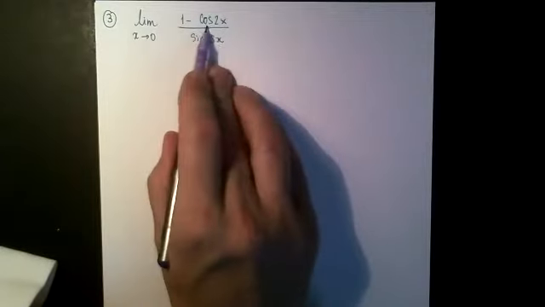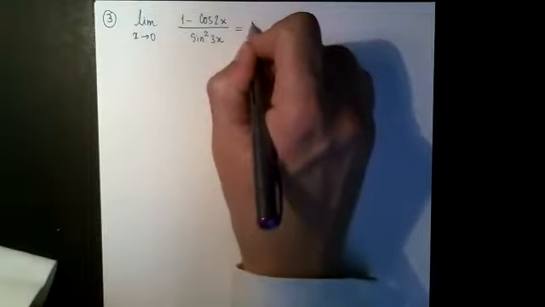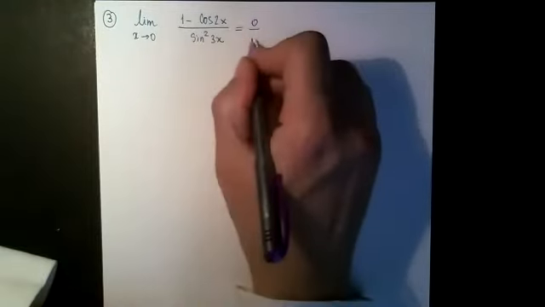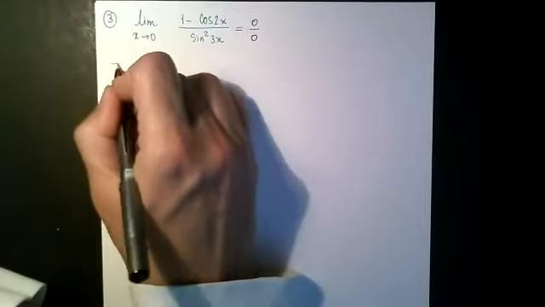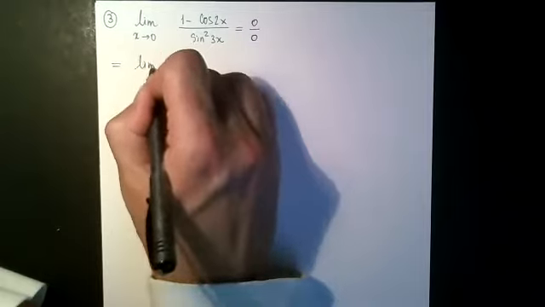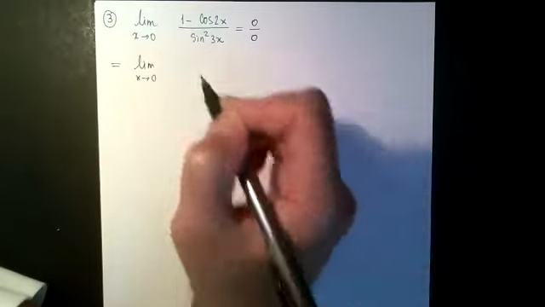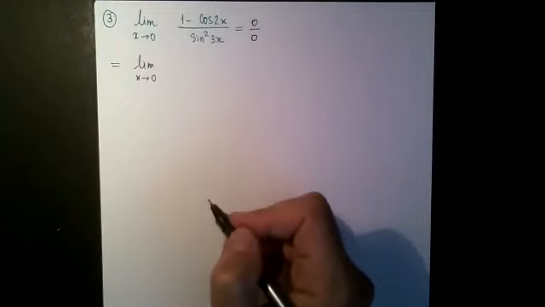Okay, so the first thing we do again, we plug in the 0 inside. So cos of 0 is 1. 1 minus 1 is 0 on top. And on the bottom, sine of 0 is 0. Okay. So let's go. So what did you do? I'm curious to see what you did.